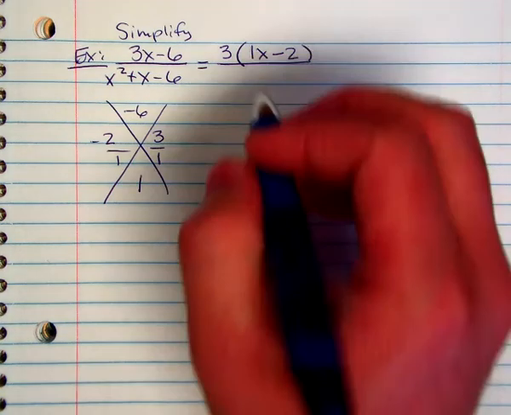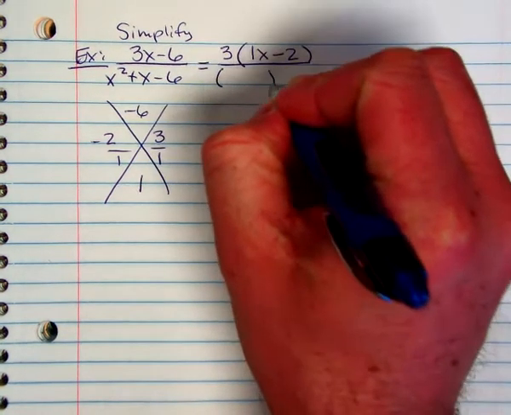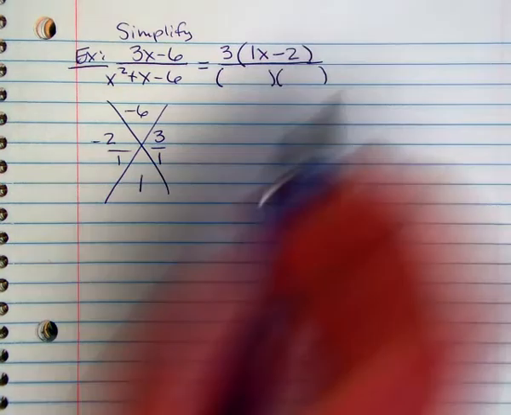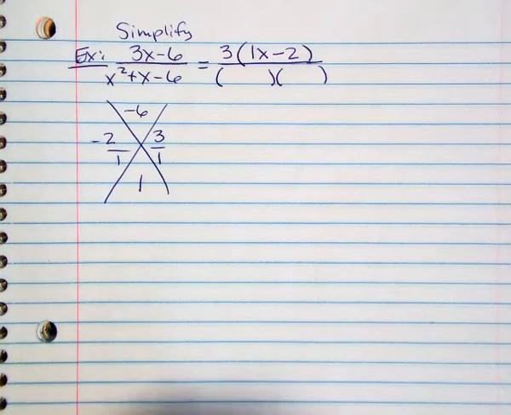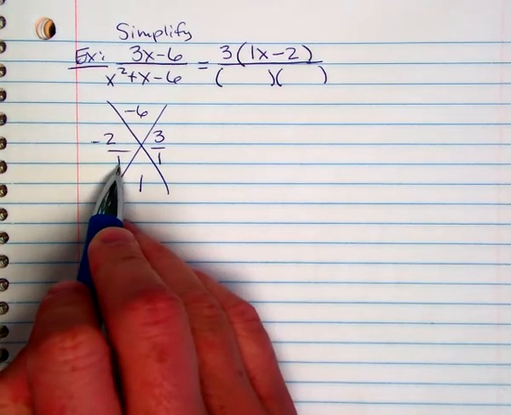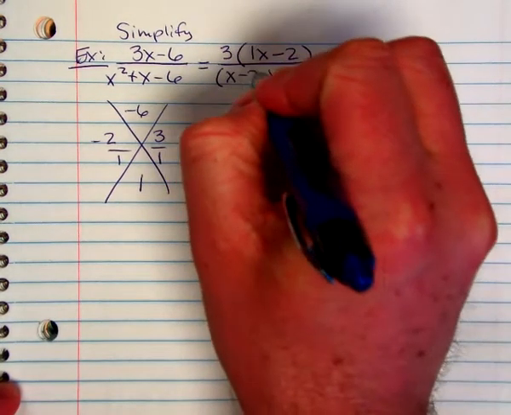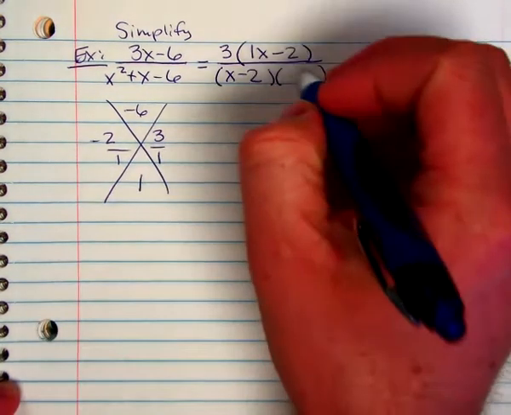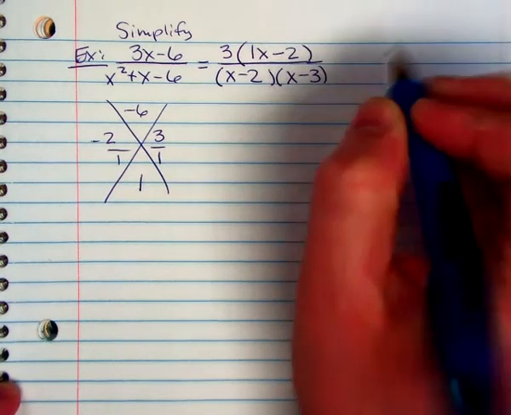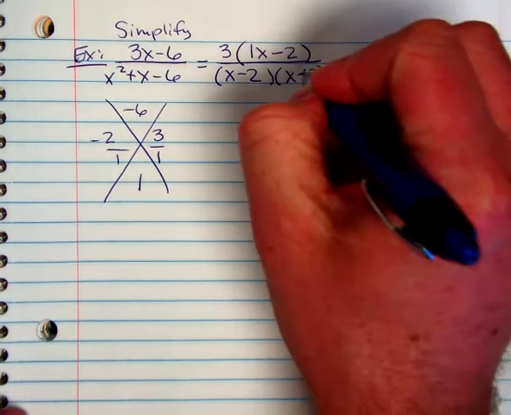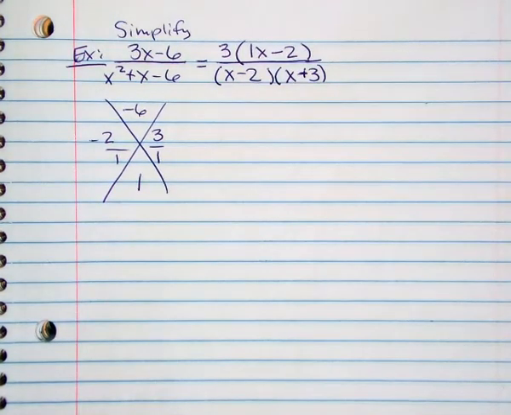We're looking for the factors. So this is going back to actually making the binomials. Remember, from what we did last semester, this becomes 1x minus 2. This becomes 1x minus 3. I'm sorry, plus 3, because it's positive.